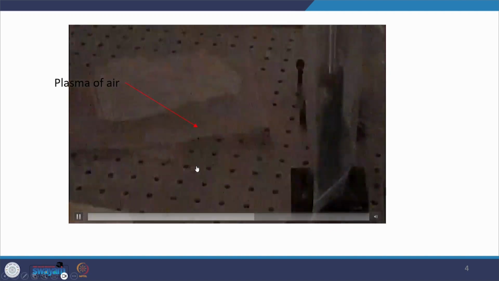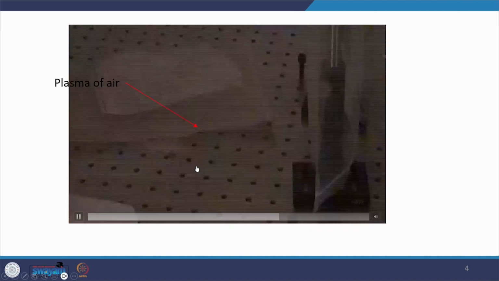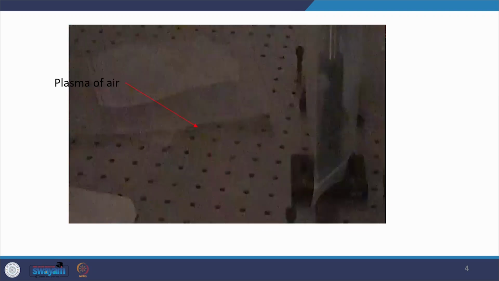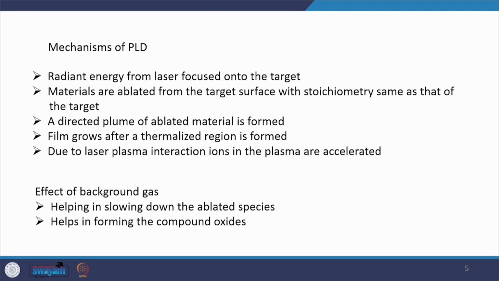Now, with this introduction, I will slowly go into more detail about the deposition procedure, the laser produced plasmas and the pulse laser deposited thin films. So, what is the mechanism of pulse laser deposition? First of all, your laser beam should be focused onto the target, as I have already mentioned.